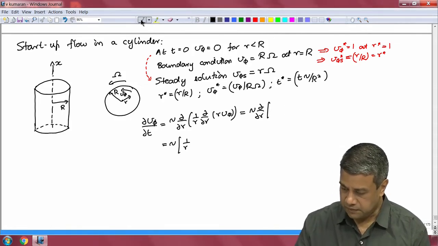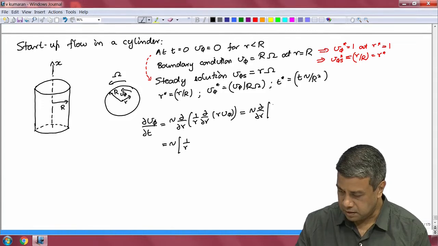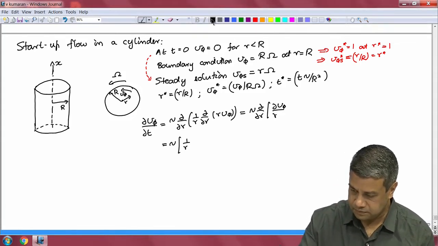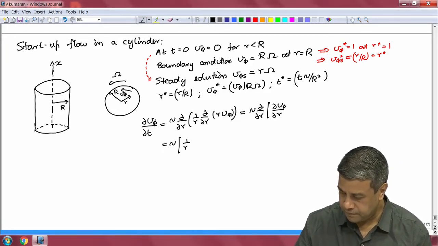Differentiate using the chain rule, and I will get d v phi by dr plus v phi by r.